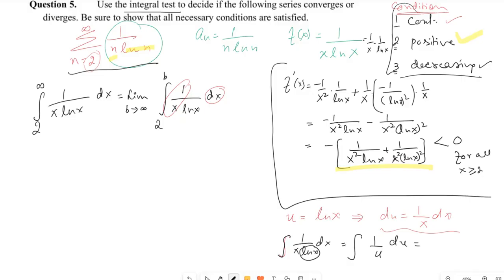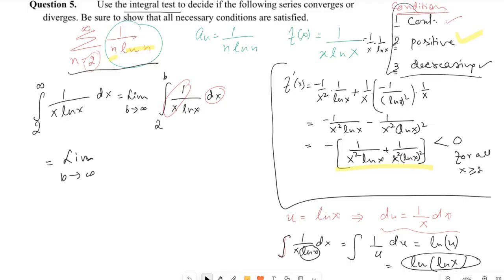The integral of that is natural log of u plus c, but I'm not going to write that because my integral has limits. It's a definite integral. The u is basically log of x.